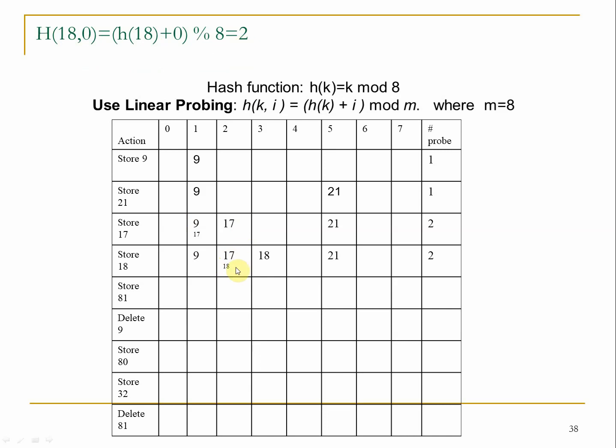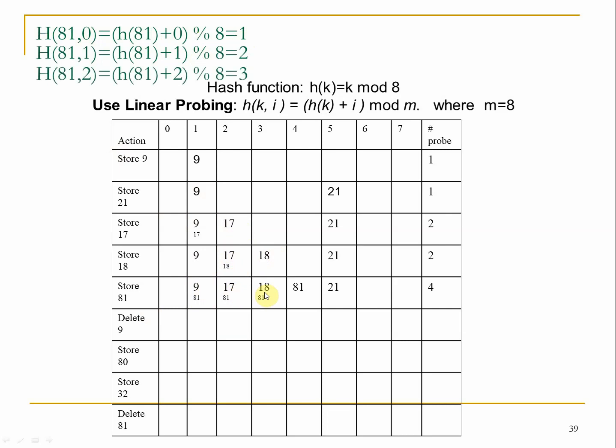Getting the home position of 2, it is not available. So i increments by 1, look into the space of 3, finding it is available. When we try to store 81, starting with 81 and 0, it is not available. Getting the index of 1, then we need to increment by 1 to get the next location, then we get the next location, and finally we get the location when i equals 3, and we find this value available in here.